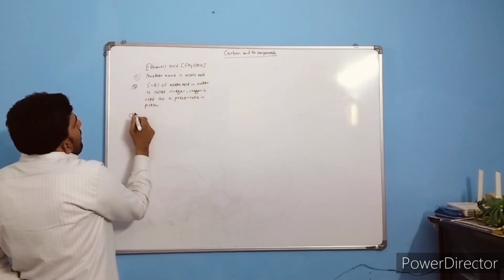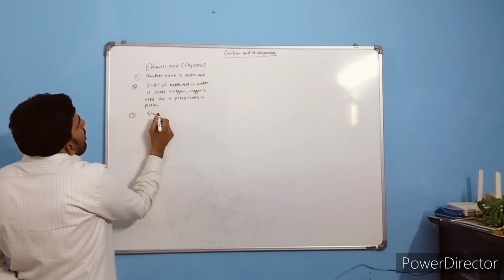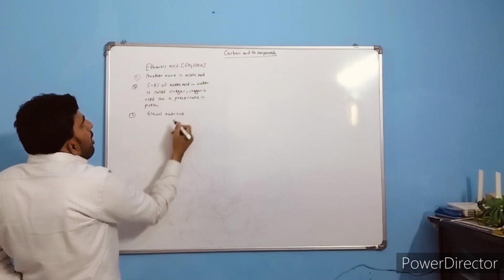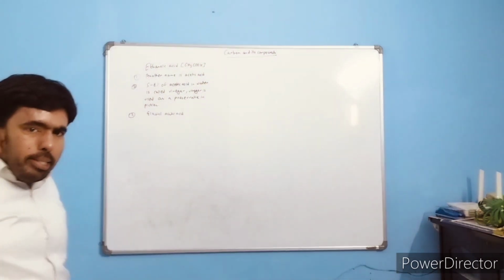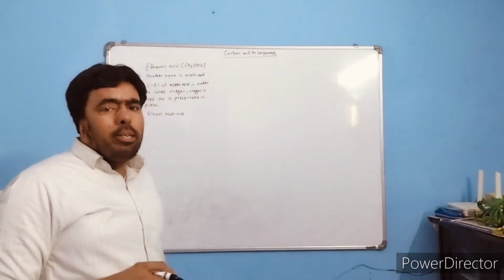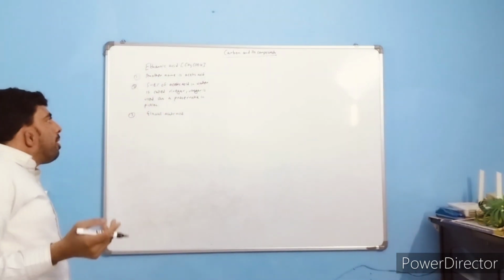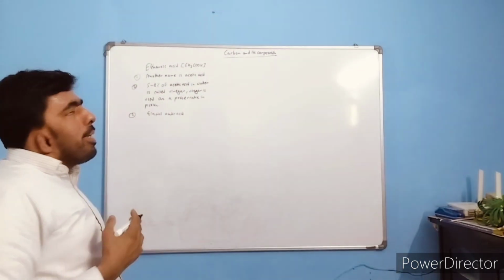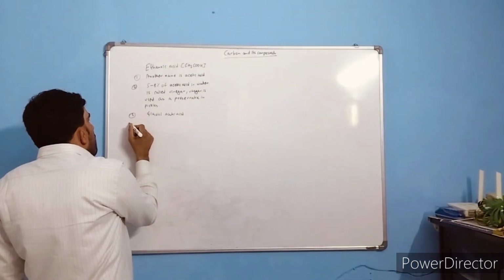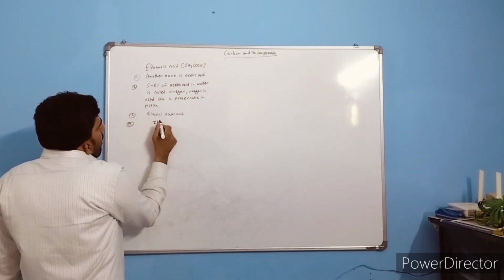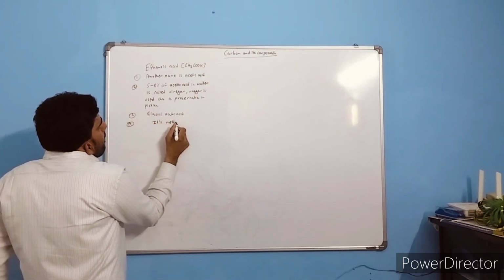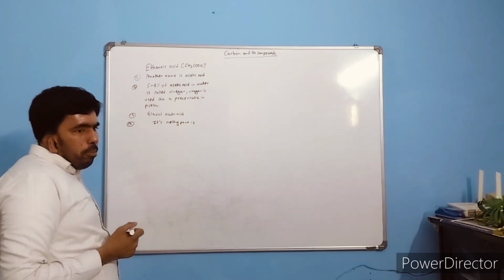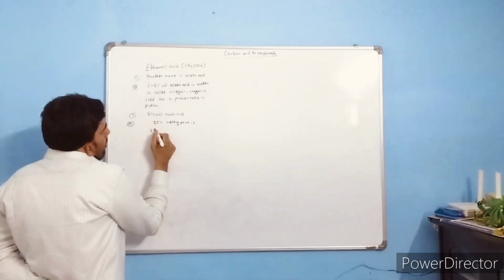The third property is that it is called glacial acetic acid. Why? Because it freezes during winter in cold climates, as its melting point is 290 Kelvin.